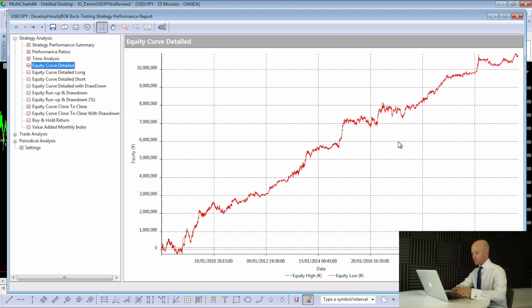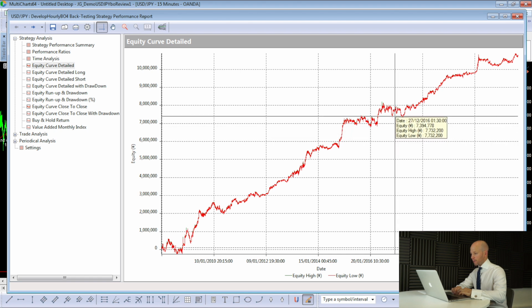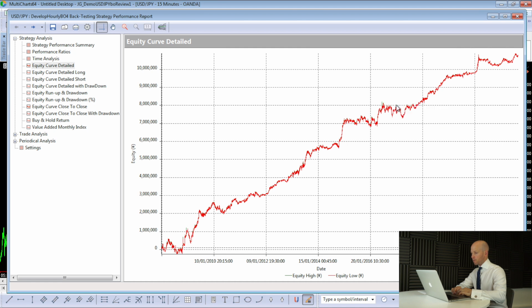So when I first developed this strategy, this one and the filtered one, I used data from 2008 through to the end of 2016. So that would have been my in-sample data, which is around about this point here where my mouse is. So anything to the right-hand side of this is all out-of-sample data.